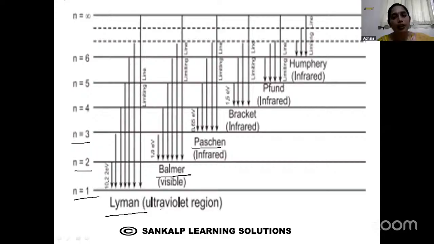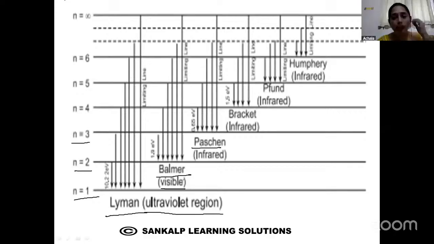And Lyman series is always in the ultraviolet region. They will be always in ultraviolet region. And this is very important, that is Balmer series are in visible region. Usually they ask this repeatedly: which series of hydrogen spectrum are in visible region?